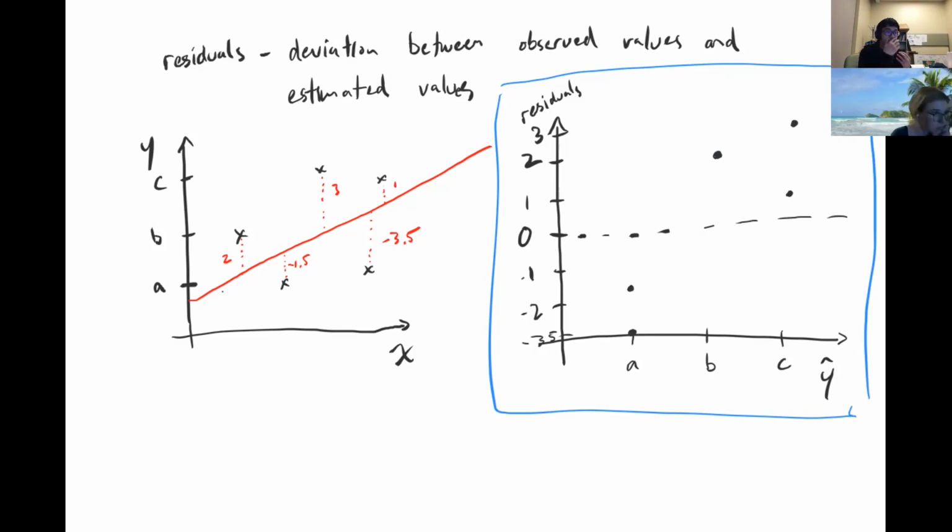So if you start to see some kind of unique pattern in this plot of your y hat versus your residuals, that is a really good indication that there's something wrong with the model.